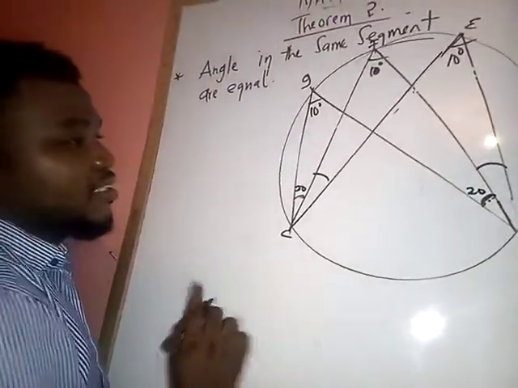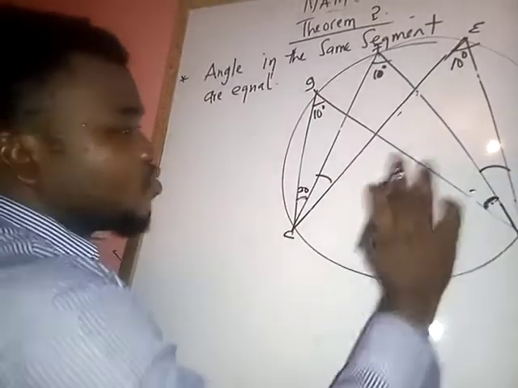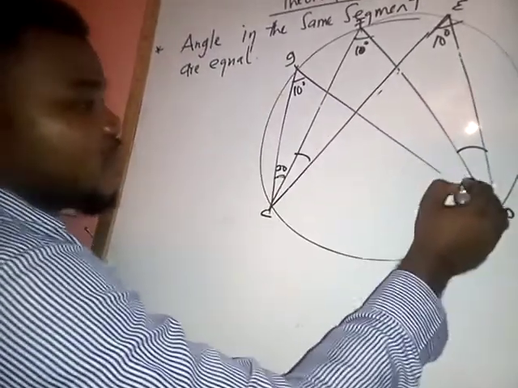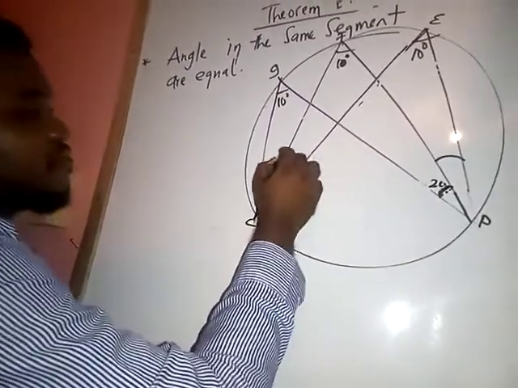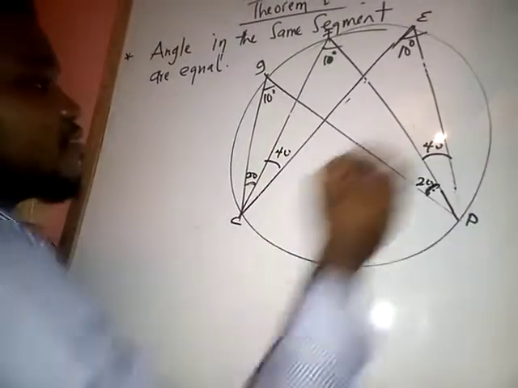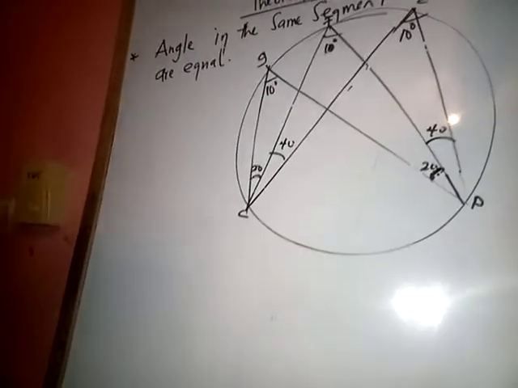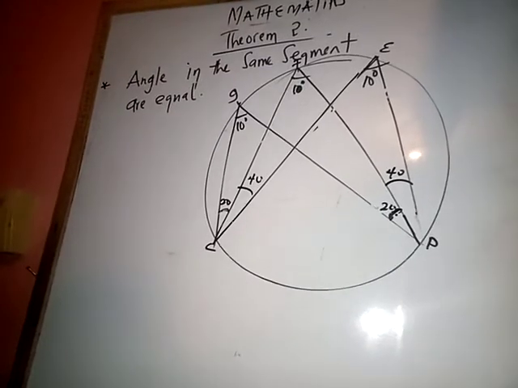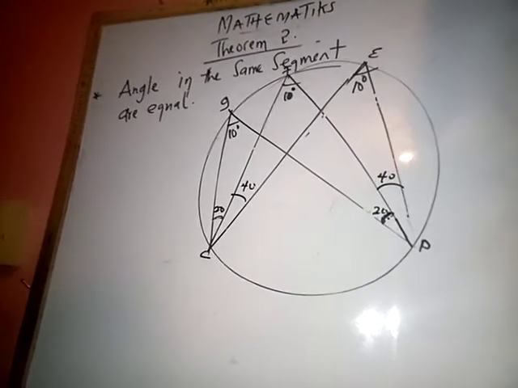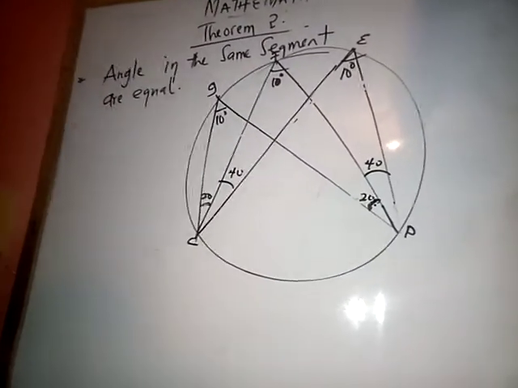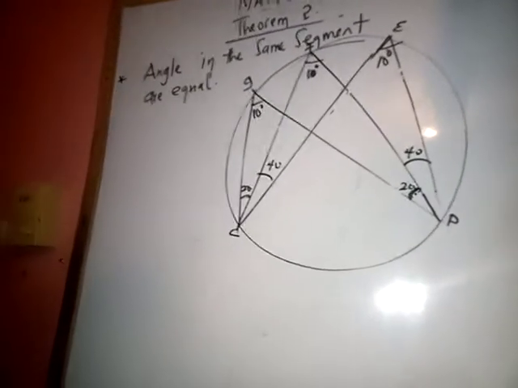It doesn't change. If here is 40, here is 40. Those are angles in the same segment. Are we there? So now, after this section, we begin to take examples. So I'll see you in the next section. Thank you.